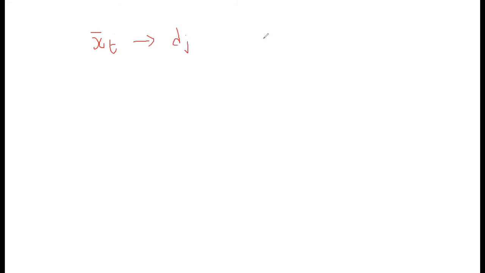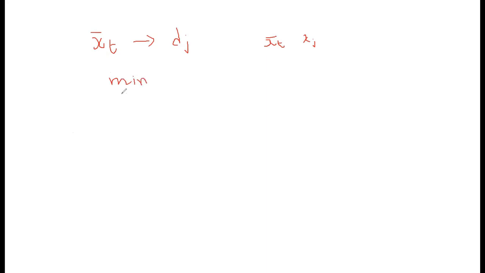So how can we say that for x bar t the closest input is xj? The xj output is dj. So we say that xt equals dj. That means for xj to be the closest, the Euclidean distance between xt and xj should be the minimum of the Euclidean distance between xt and xi. So how can we write that?